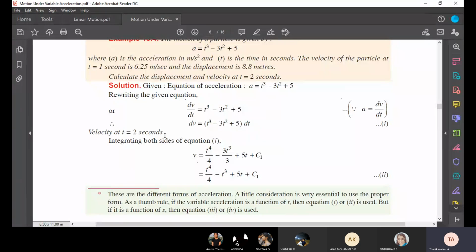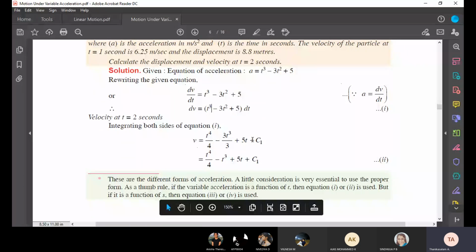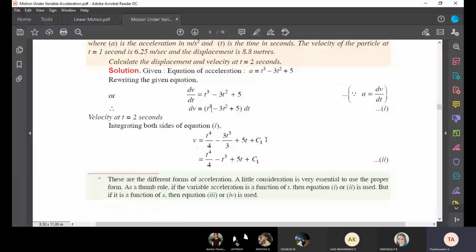The integration of dv is v. The integration of t cube is t power 4 divided by 4, minus 3t cube divided by 3, and the integration of 5 is 5t. For any integration we add a constant, so we got v in terms of t and a constant.